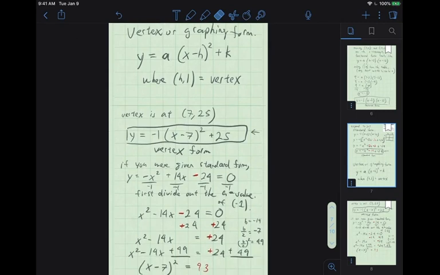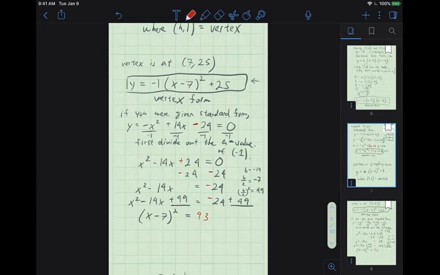Divide makes it positive. Subtract negative 24, negative 24. Alright. So it looks like I was good the first time.